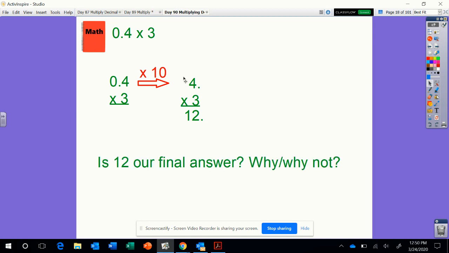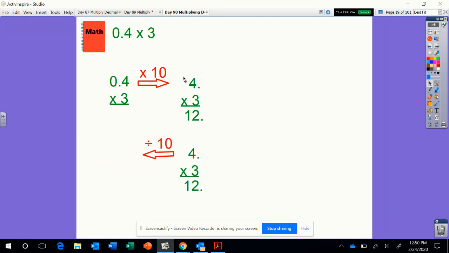Hopefully you're thinking, this is not our final answer, divide by 10. If we moved it to the right one place because there's one 0 in 10, we have to move it back and divide by 10. So we're going to move the decimal to the left one place, put it back here, and now we get 1 and 2 tenths.